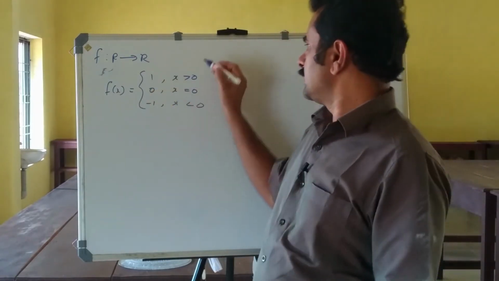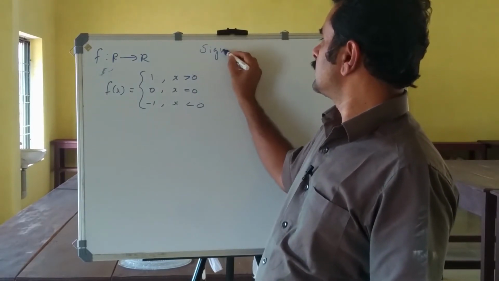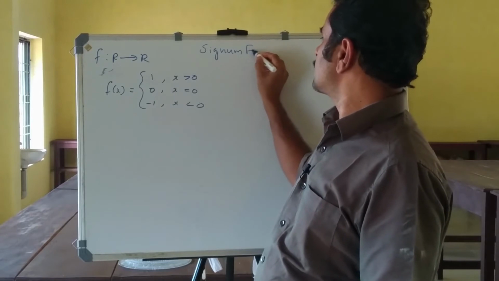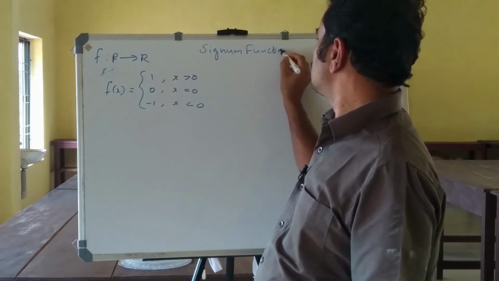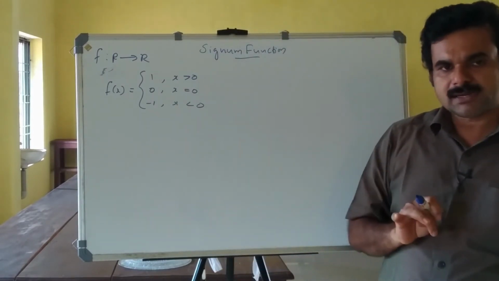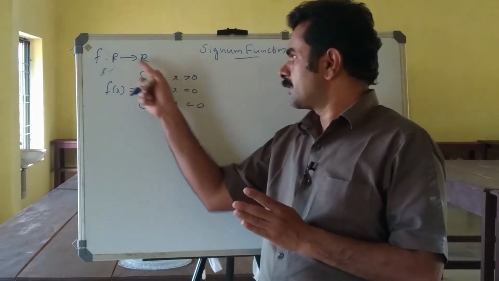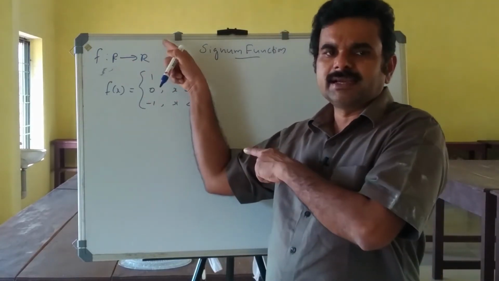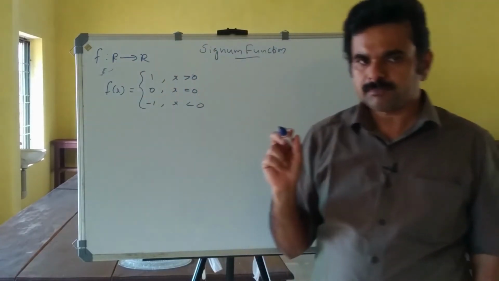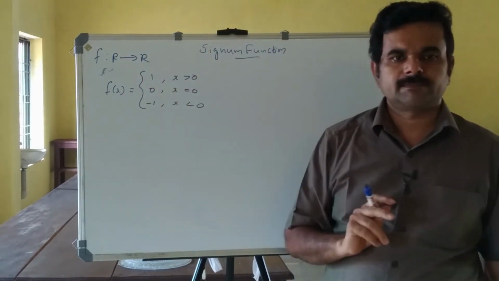This function is called the signum function. So what is a signum function? The signum function f is defined from capital R to R, a real valued function, defined as f(x) equal to 1, 0, or minus 1.